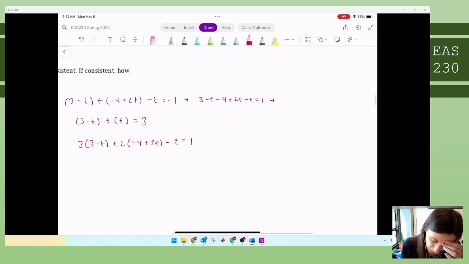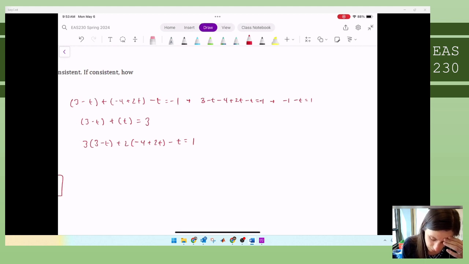Or I can see it's negative 1 plus t minus t equals 1, negative 1. So I can see negative 1 equals negative 1. Forgot to transfer this negative over. So that one's good. This one says 3 minus t plus t equals 3. That's obviously good.